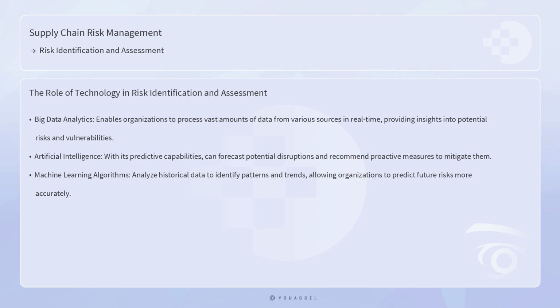Artificial intelligence, with its predictive capabilities, can forecast potential disruptions and recommend proactive measures to mitigate them. For example, machine learning algorithms can analyze historical data to identify patterns and trends, allowing organizations to predict future risks more accurately.